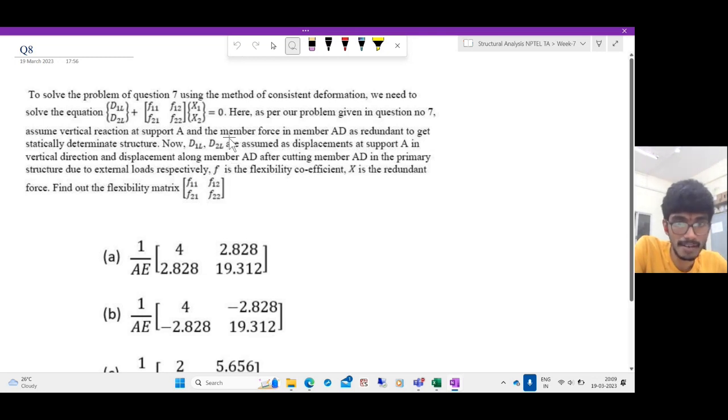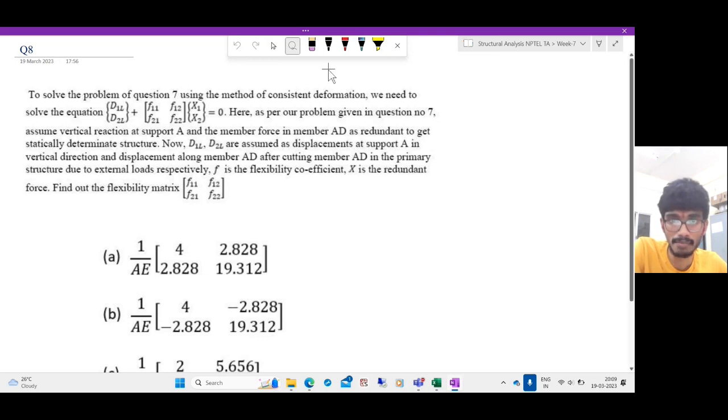The unknowns are specified as the vertical reaction at support A and the member force in the diagonal member AD. The way we define the flexibility coefficients is such that the first unknown redundant is the vertical support, and the second unknown redundant is the member AD.